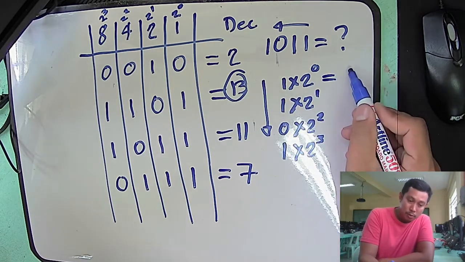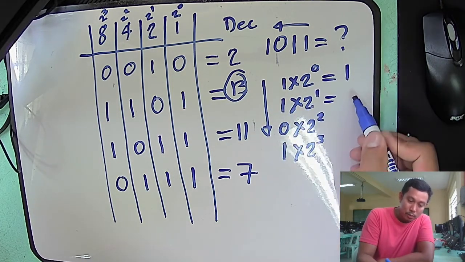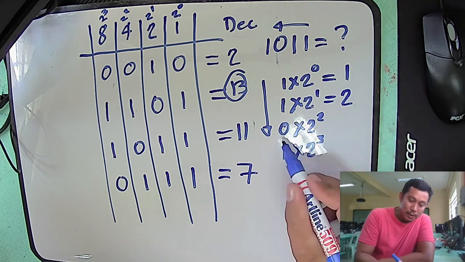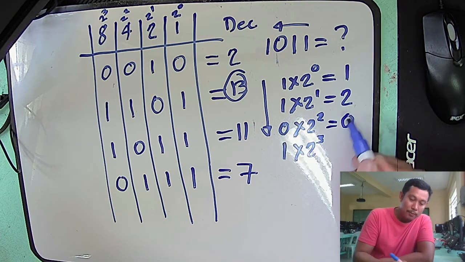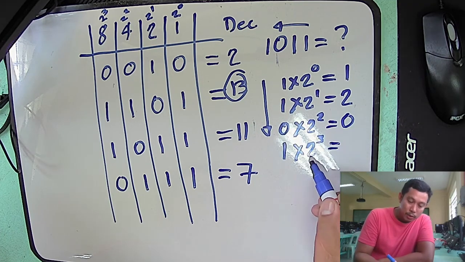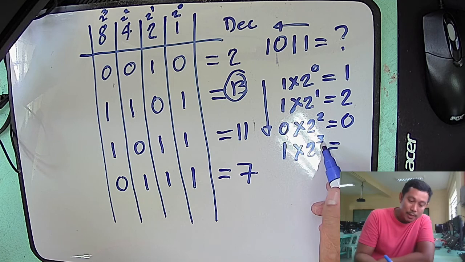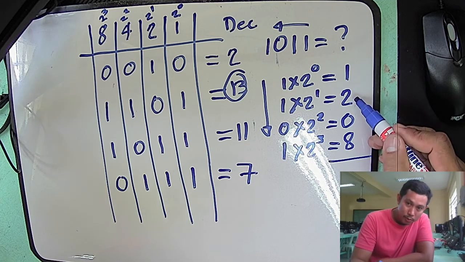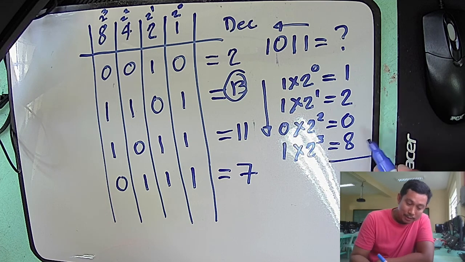This is equal to 1. This is equal to 2, right? This is equal to, of course, 0. And this is equal to 2 to the power of 3, which is 8. So, you add all of those things. 1 plus 2 is 3, plus 8 is equal to 11 base 10.